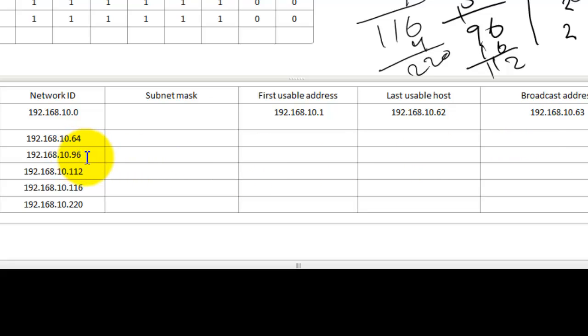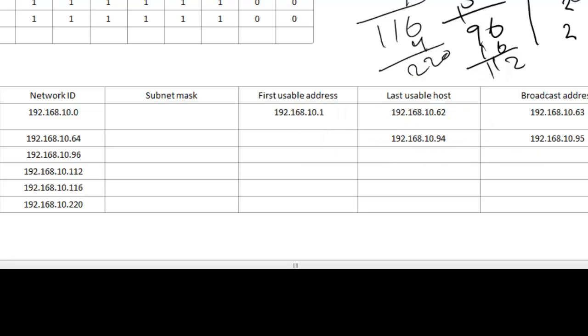You're going to minus 1 from 96, then you will have the broadcast IP for this block, 95. You're going to minus 1 from the broadcast, then you will have the last usable IP, which is 94. The first usable IP, what you are going to do is add 1 to the network ID, which will be 65.